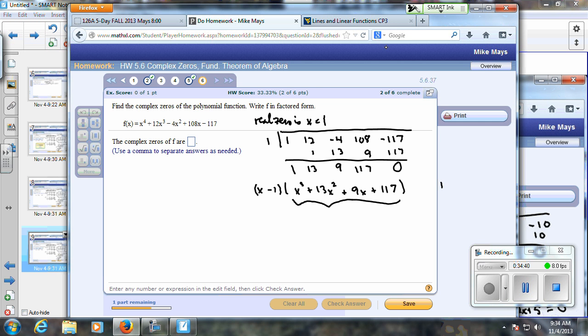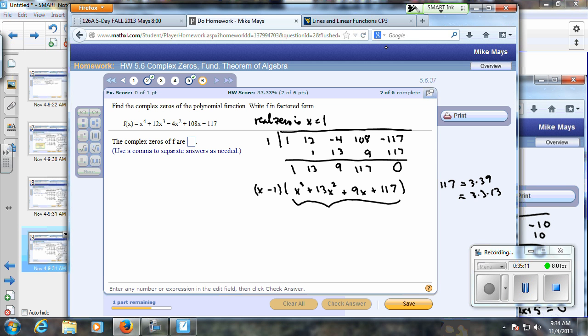Let's see, 117 is 3 times 39, so it's 3 times 3 times 13.